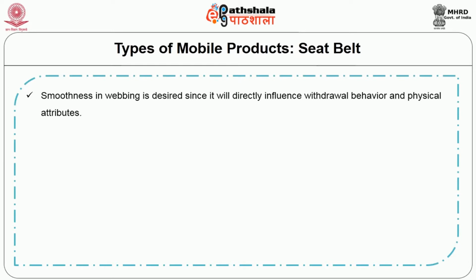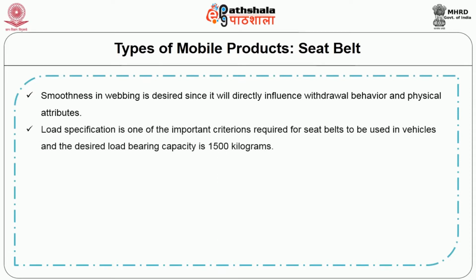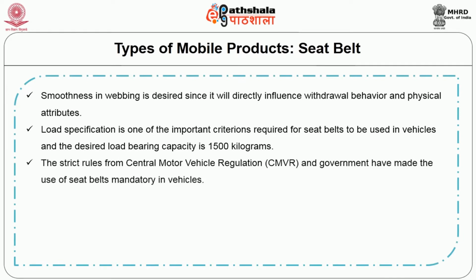Smoothness in webbing is desired since it will directly influence the withdrawal behavior and physical attributes. Load specification is one of the important criteria required for seat belts to be used in vehicles, and the desired load bearing capacity is 1500 kilograms.